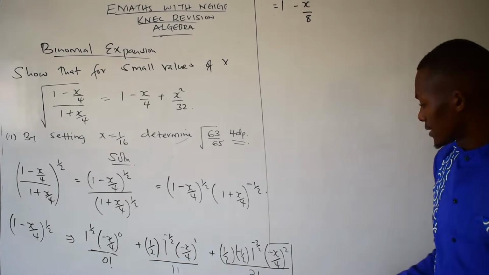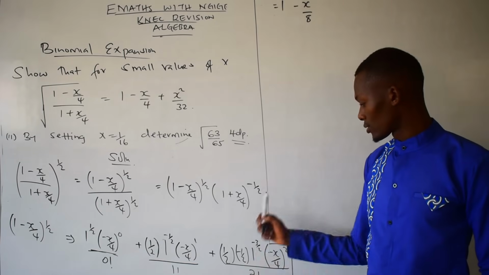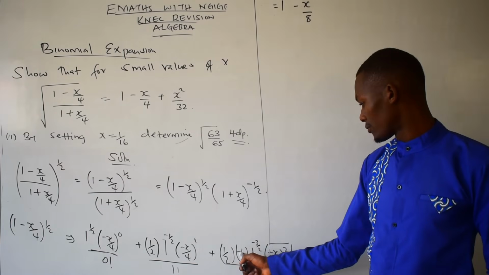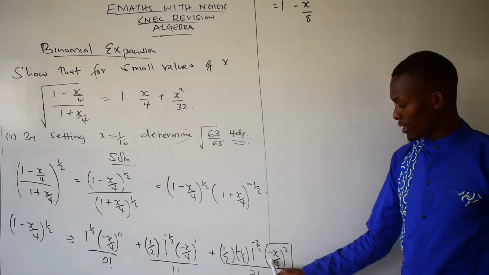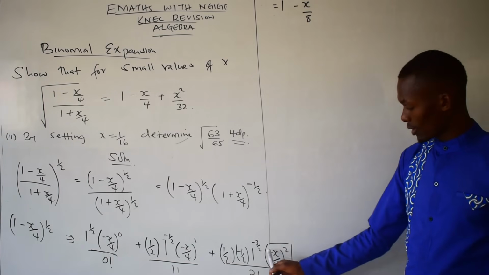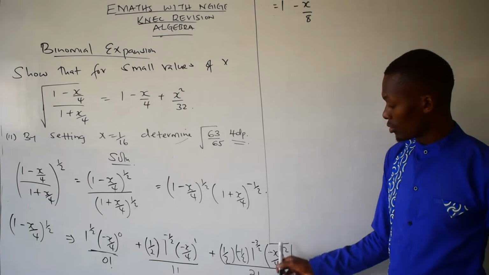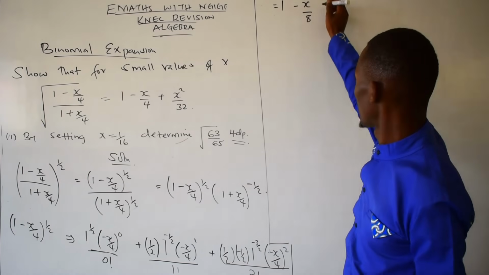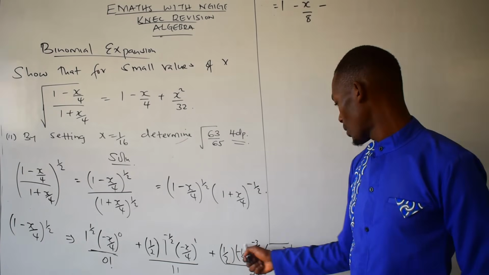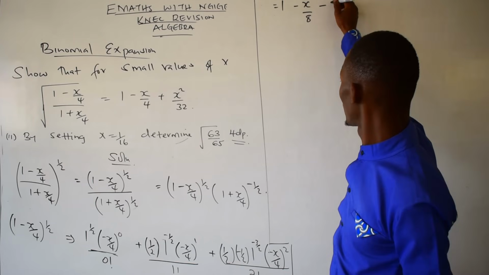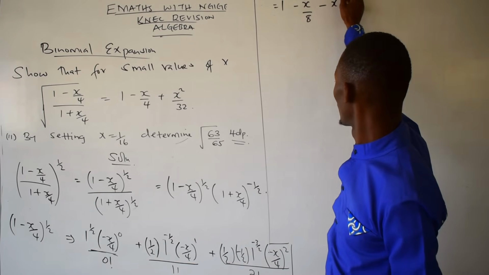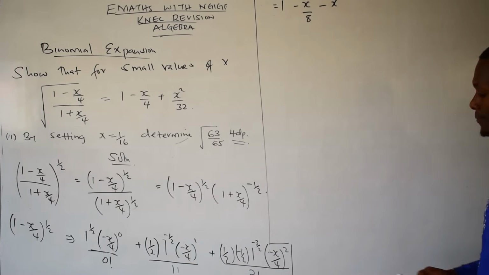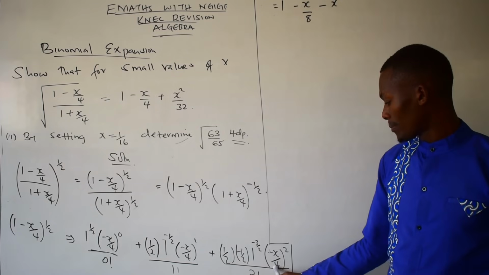Then you come to the last term. 1 raised to any power is just 1, so you have 1 times negative 1. Now remember, here you have a negative of x squared. So the negative here just remains. So you shall have a negative. Then 1 times 1 times negative of x squared times x squared will be positive. So you shall have x squared. Then remember, this power applies to everything here.